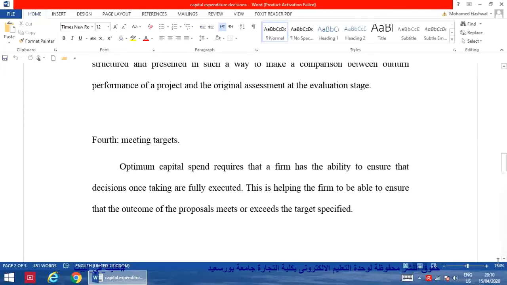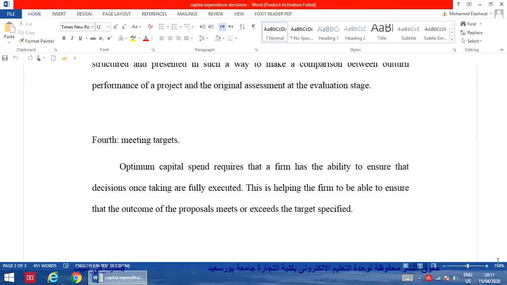Fourth condition, meeting targets. Optimum capital spend requires that a firm has the ability to ensure that decisions once taken are fully executed.